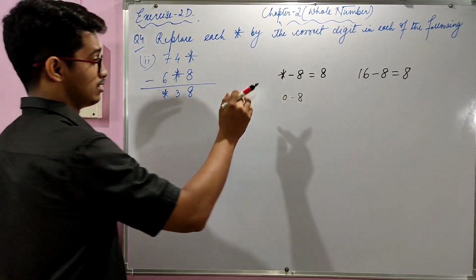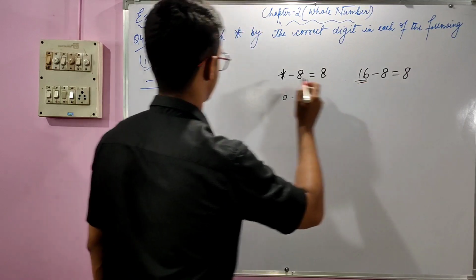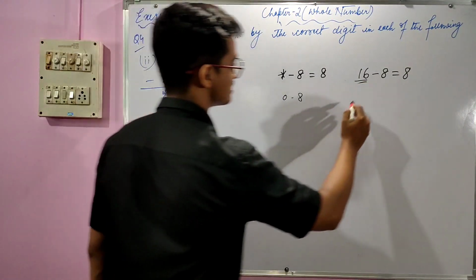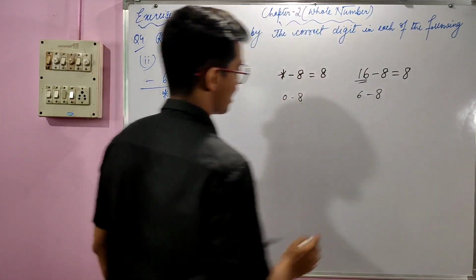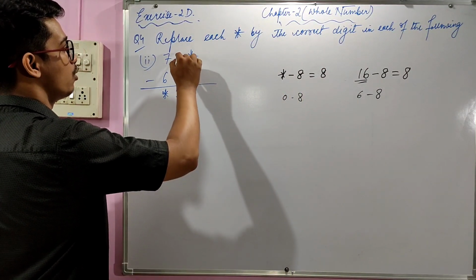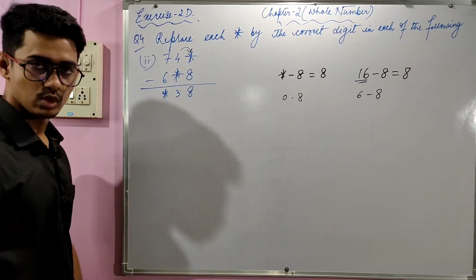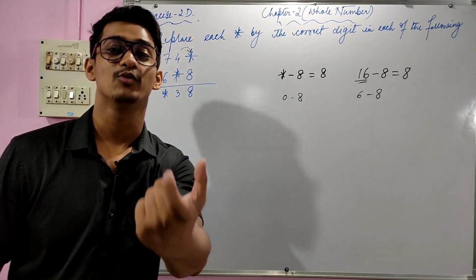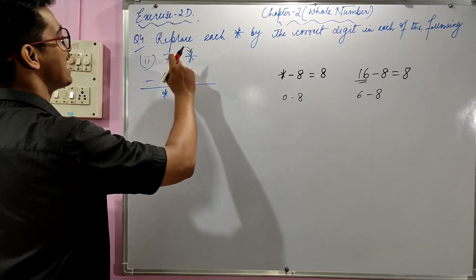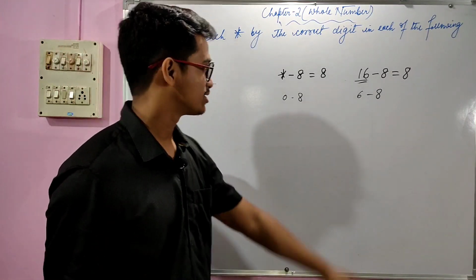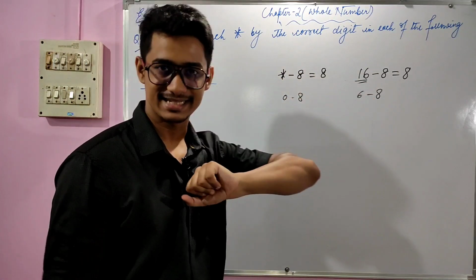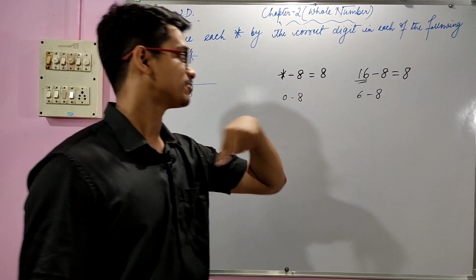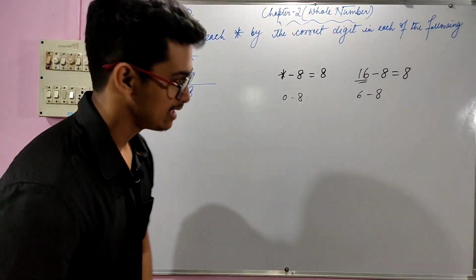So I cannot write 16 over here, but I can write 6 minus 8, because 1 will be carried out. We have that X factor, that we can carry out that one digit so that it will become 16, and when 8 is subtracted from 16, the answer will be 8.